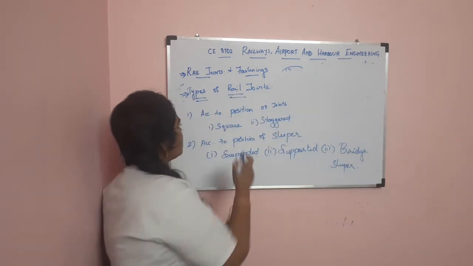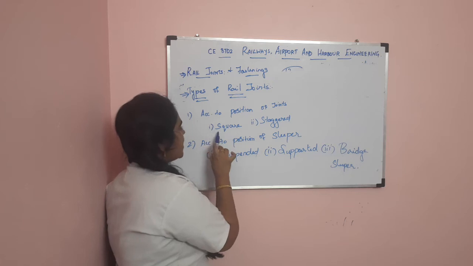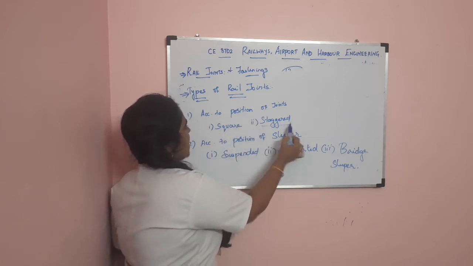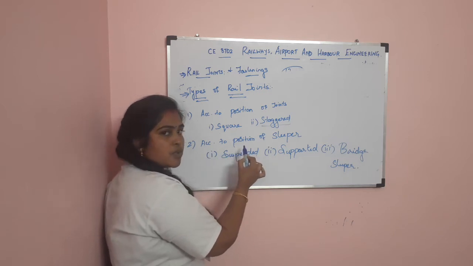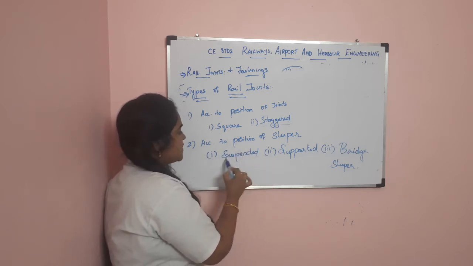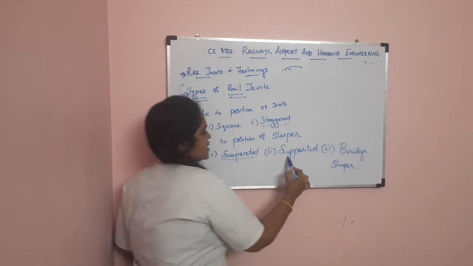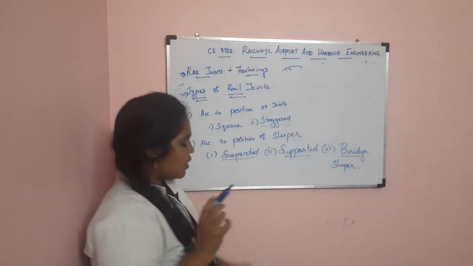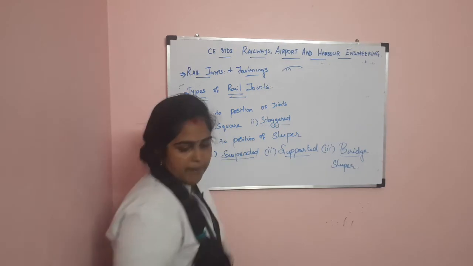So, according to the position of joints, it is divided into two types: square rail joints and staggered rail joints. Then, according to the position of sleeper, it is divided into three types: suspended rail joints, supported rail joints and bridge rail joints. Next we will see one by one.